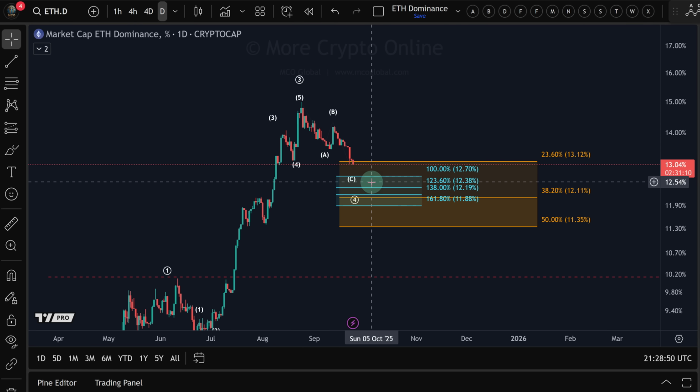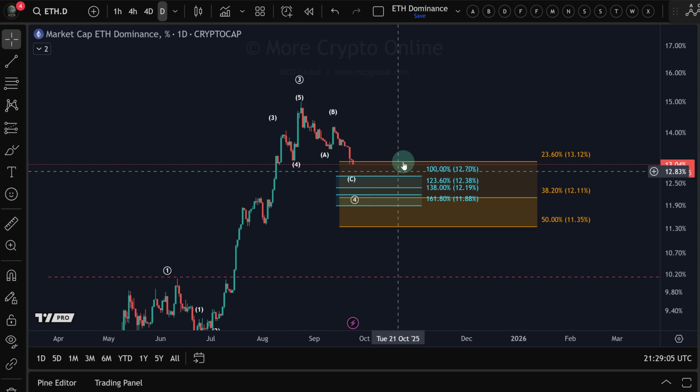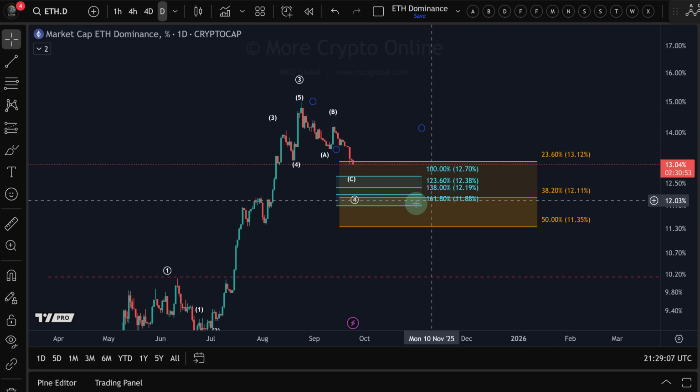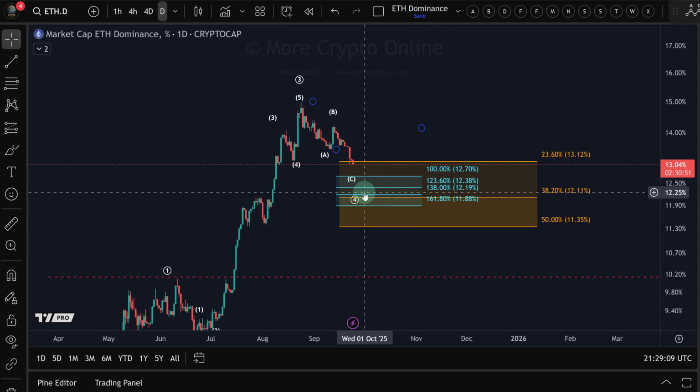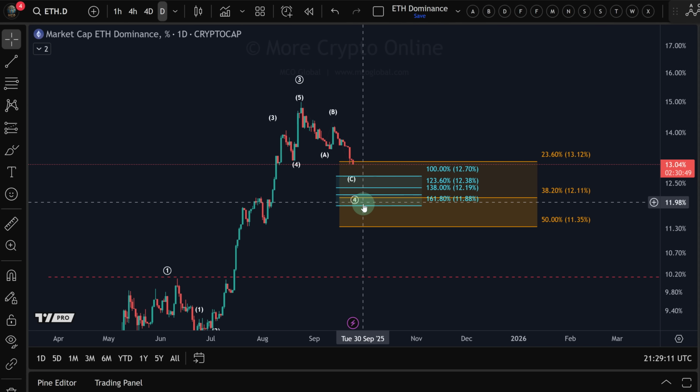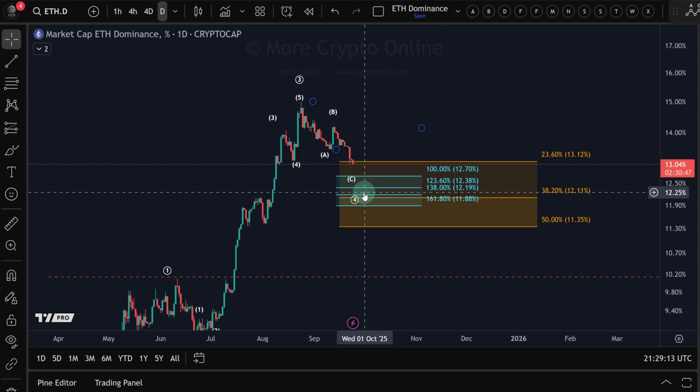Not exactly necessarily, but the C wave tends to have a similar length as the wave A, often longer, usually in the range between the 100% extension and the 161.8 extension, and both point towards the area between 12.7% and 11.88. Doesn't mean we have to get there, but it's likely. Doesn't mean we have to stop there, but it's likely.